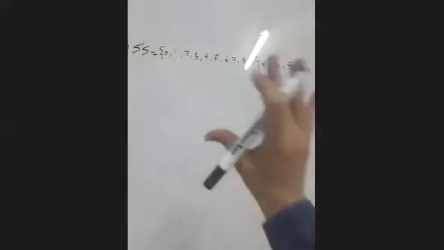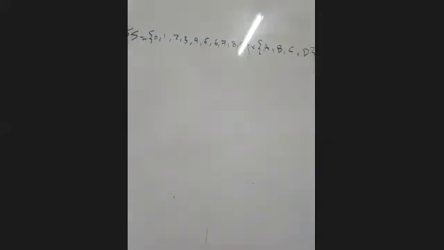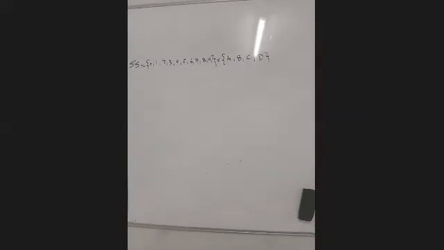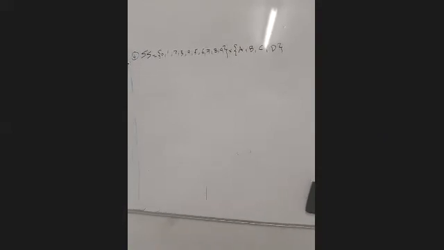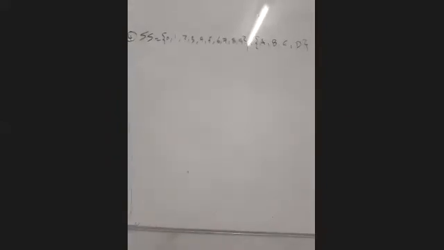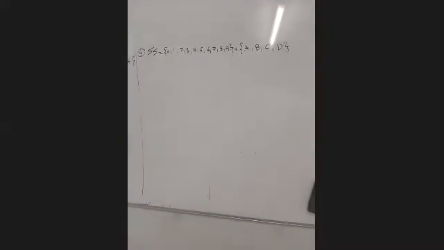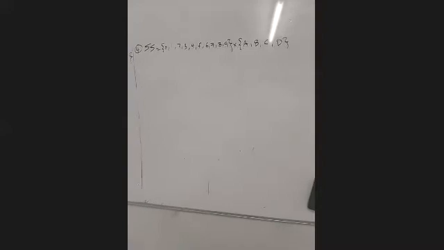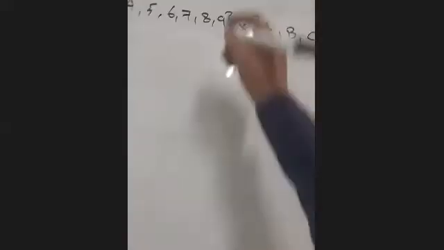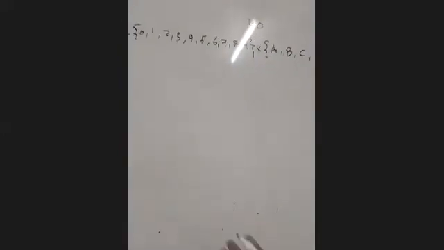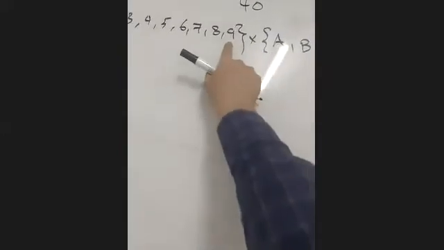Can you tell me what is the number of the sample space outcomes? How many outcomes should it be? 36? No, 40. Why 40? 9 multiply 4?